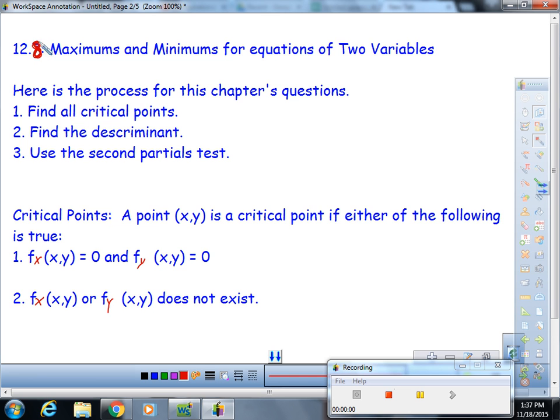Alright, so how do we find a critical point? There's 2 different ways. Each partial could equal 0. So there's an "and" here. Or either partial could be undefined.